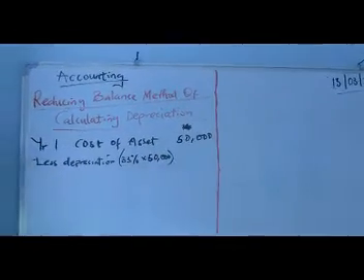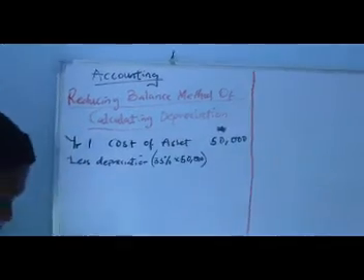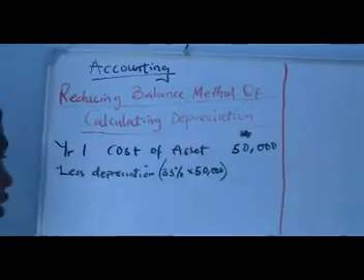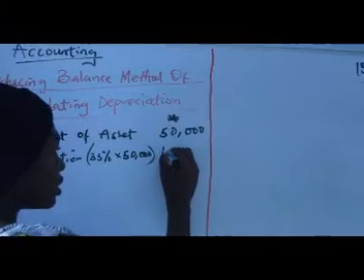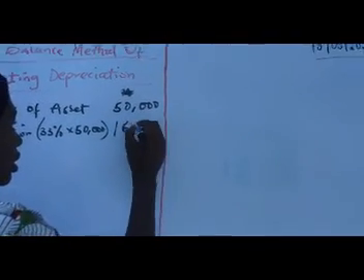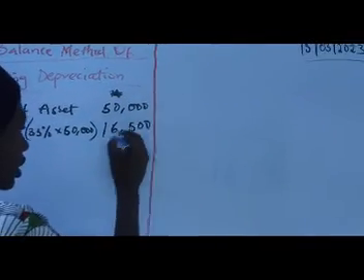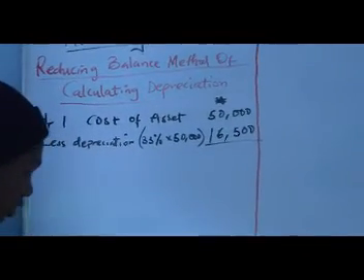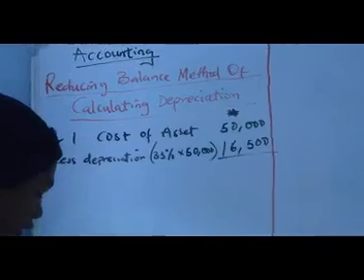Okay, and that will be giving us 16,500 naira. So what we do then is we will less this. We'll be removing that from 50,000 naira.